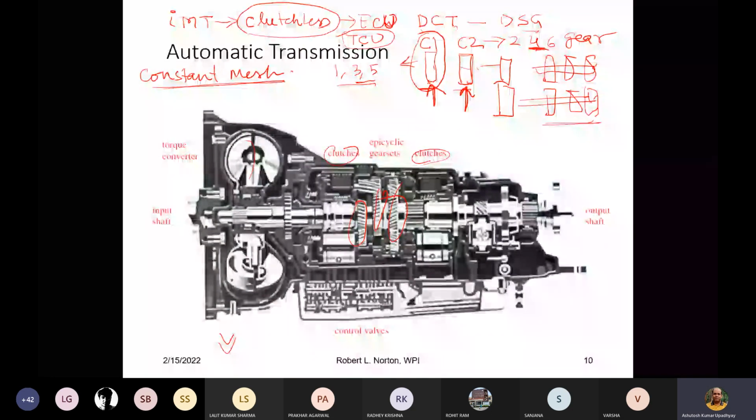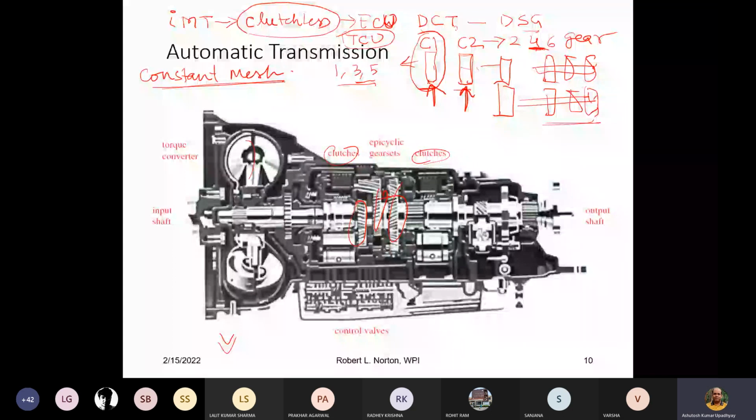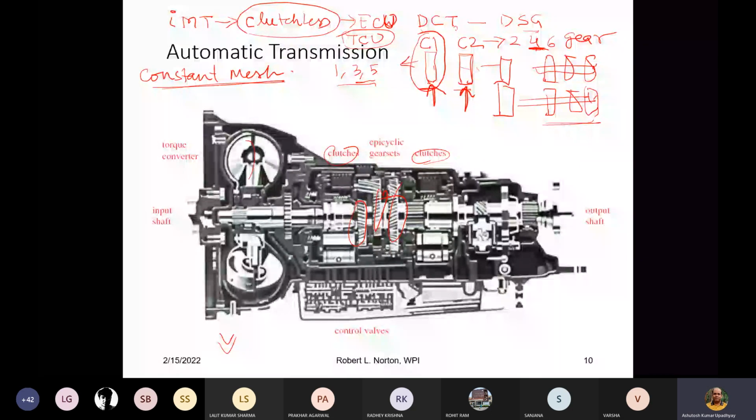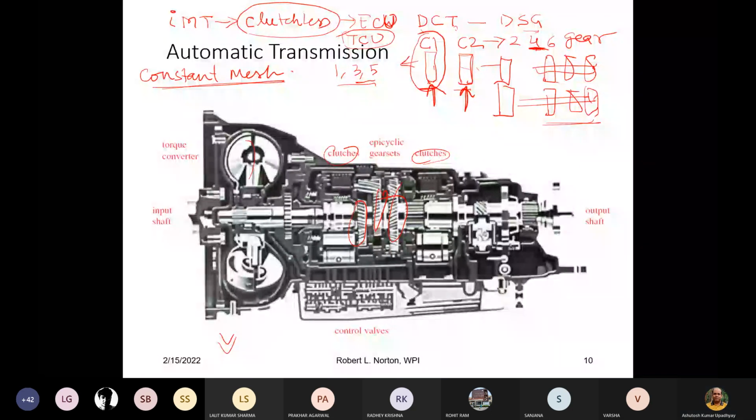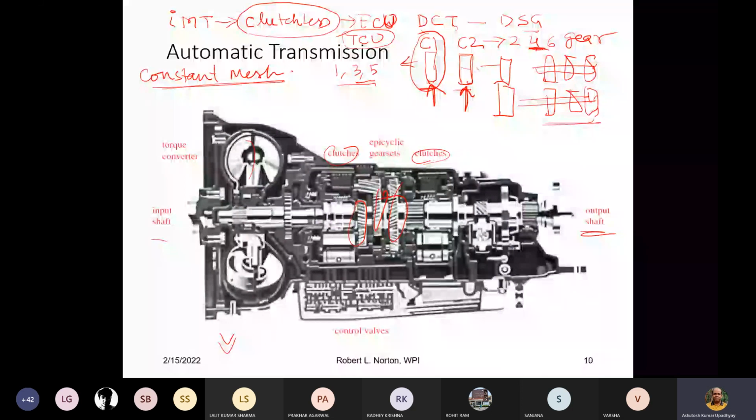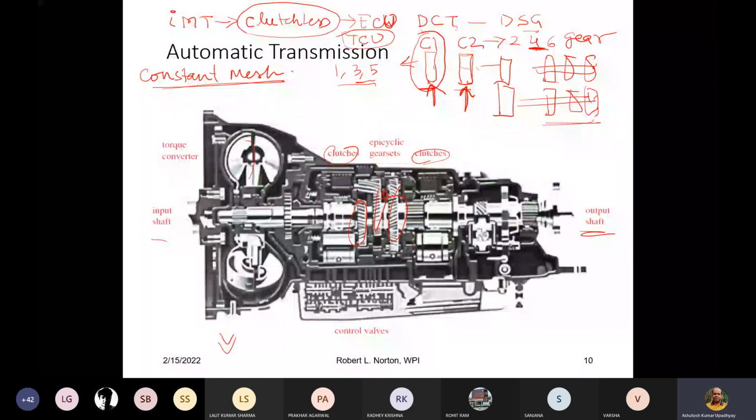Clutches means, in the previous one I was calling it a dog clutch. So there will be something which will try to engage or disengage the thing, and this movement is based on what? The speed of the input shaft and output shaft. Okay, so we'll not be going too deep on the automatic transmission. If you are interested, you can look into it.